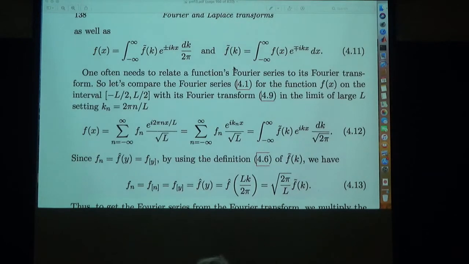sometimes, especially in physics problems, you need to switch between Fourier series and Fourier transforms. And so you need to know how to do that. And it's basically a change of variables, and you just have to keep things straight.